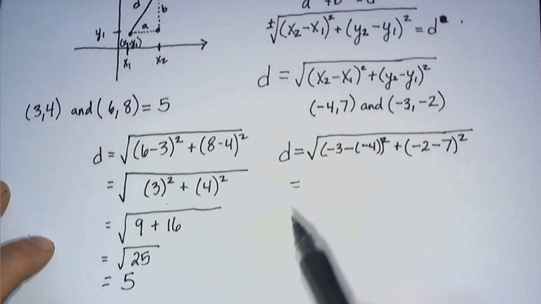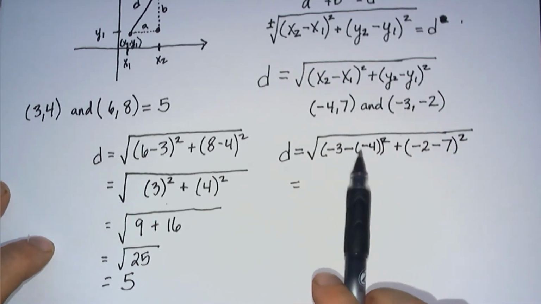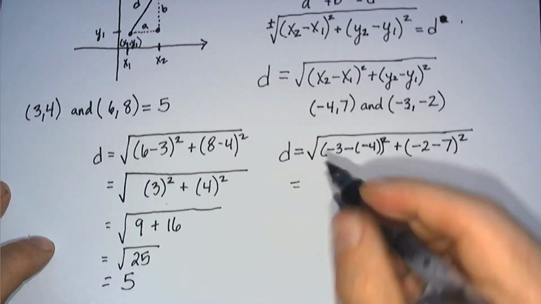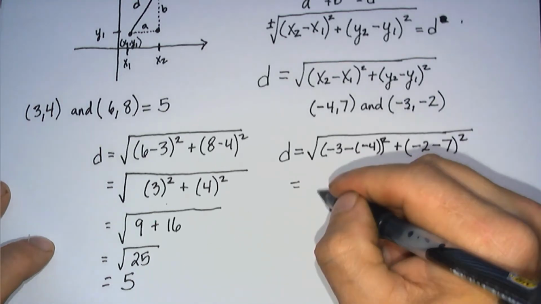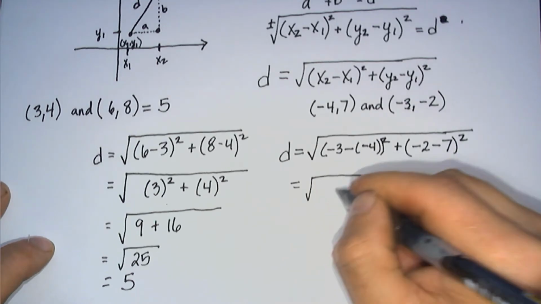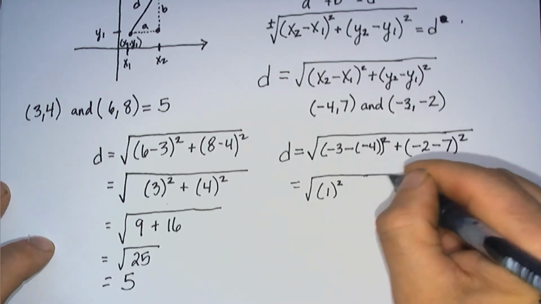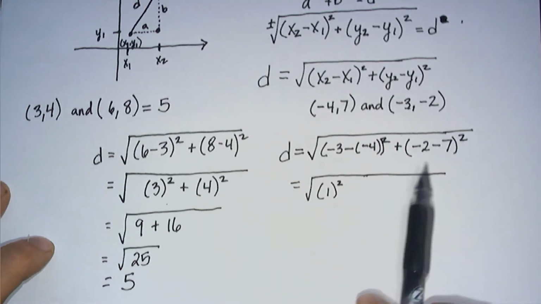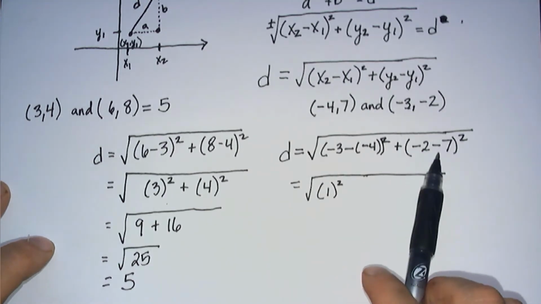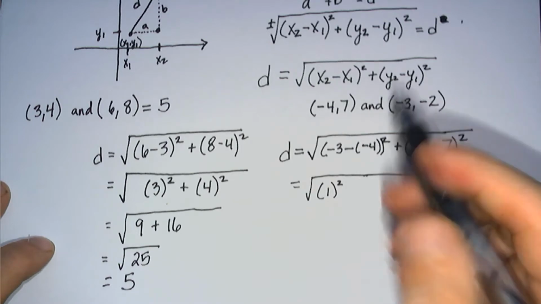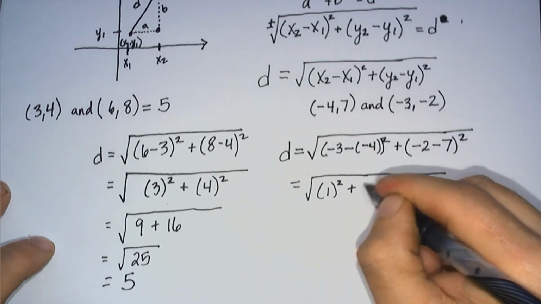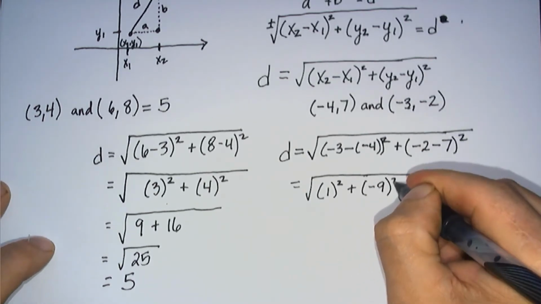Okay. -3 minus -4 is +4, so -3 plus 4 is +1. So this is going to be 1 squared. And -2 minus 7 is -9, so this is plus -9 squared.